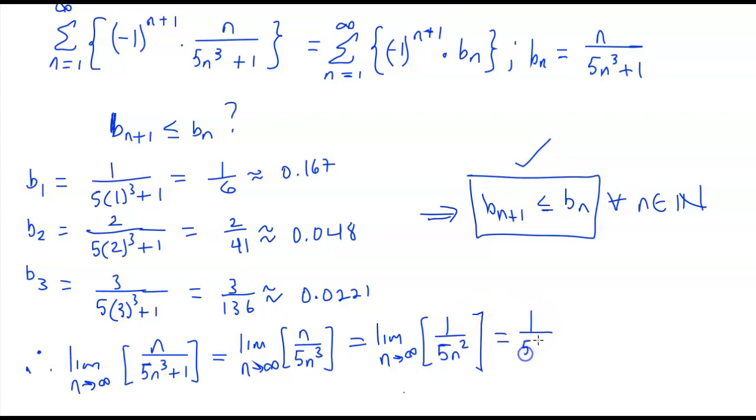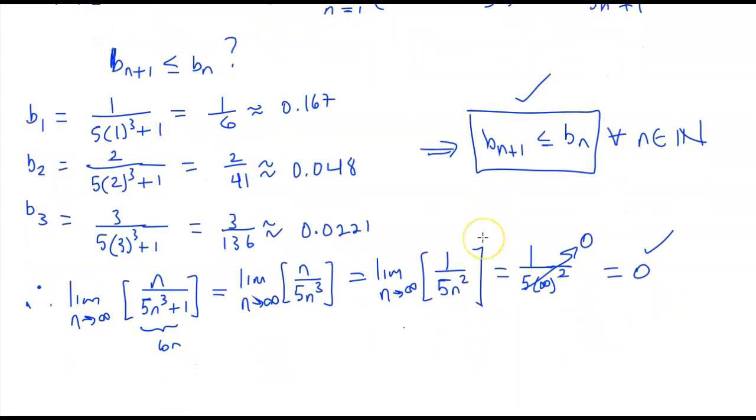And if we were to plug in infinity here, we know that 1 divided by 5 times essentially infinity, all of that is just going to go to 0 here. Okay. So second criterion, which is the limit of this b sub n here as n approaches infinity, goes to 0.